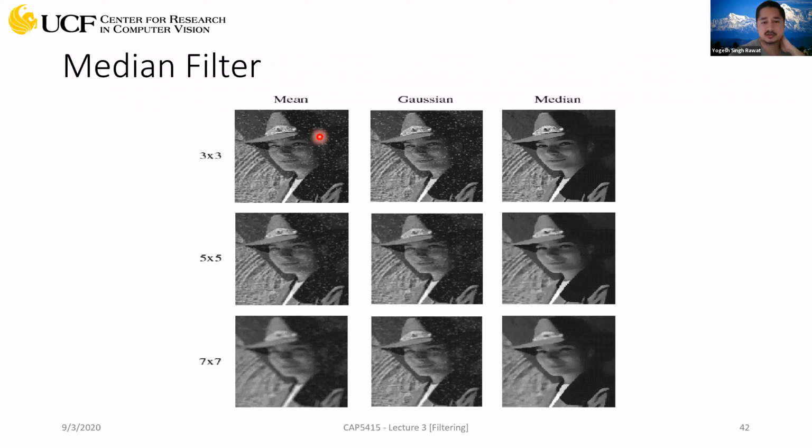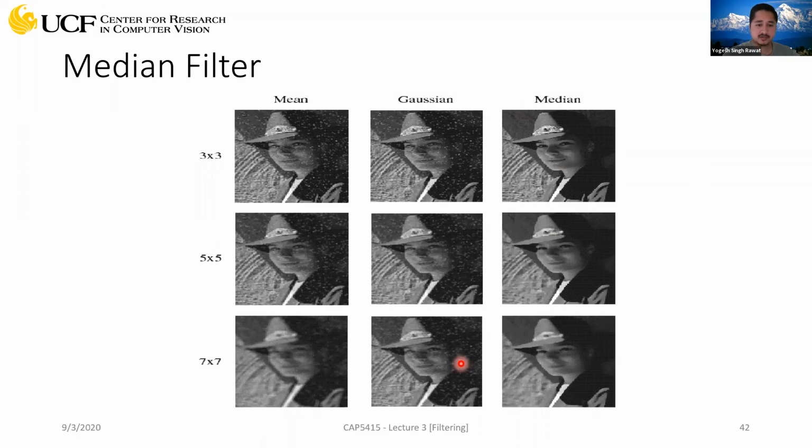But if you look at the median filter, because this was salt and pepper noise where each pixel will be randomly changed to either 0 or 1, it's highly likely that it will be an outlier for that particular location. And as we saw in the last slide, if it's an outlier, median will simply ignore it. It will not consider what value it has. So you can see that the salt and pepper noise is completely removed here.